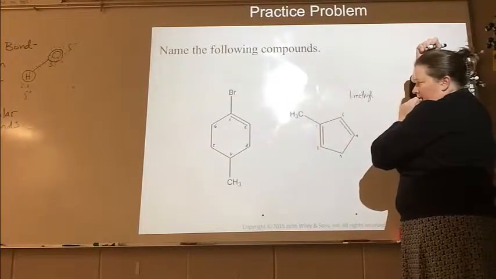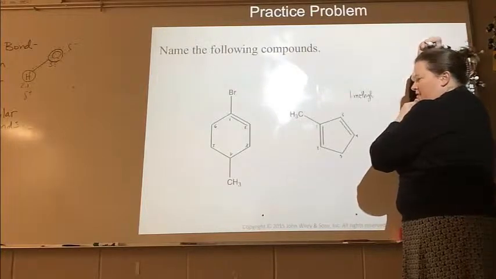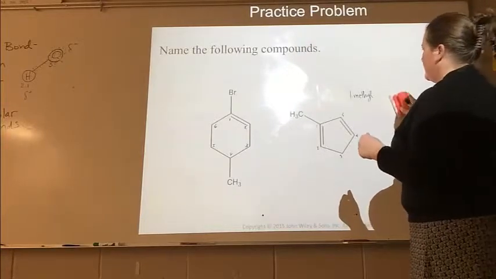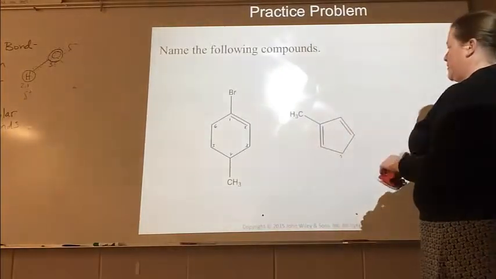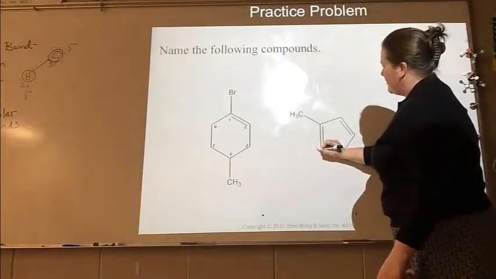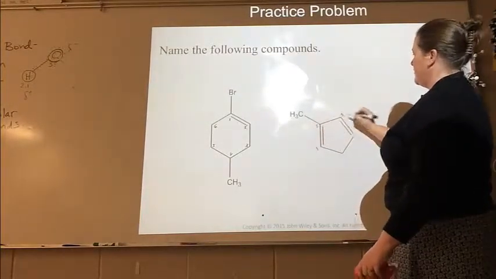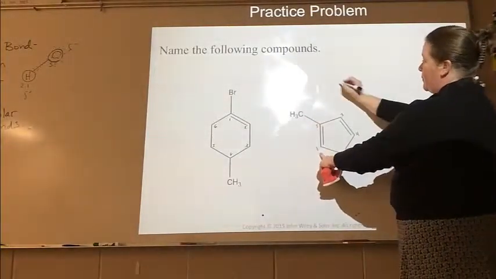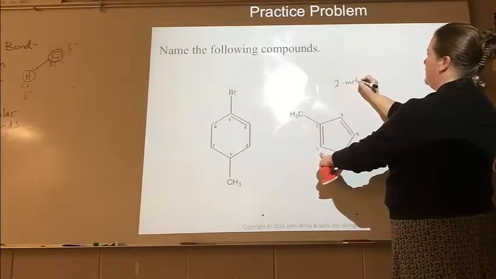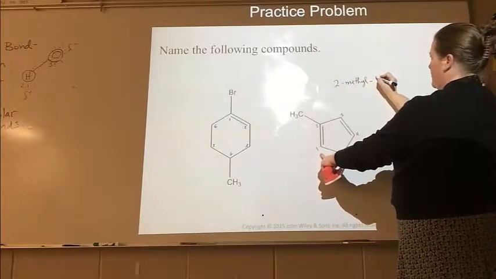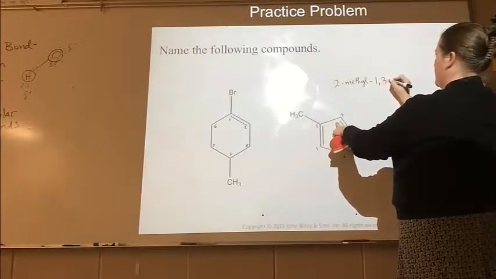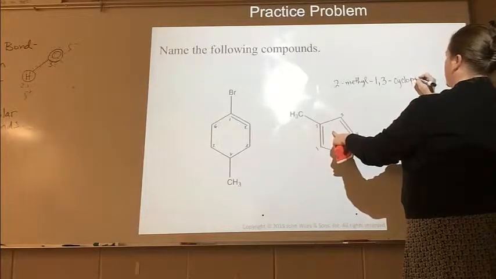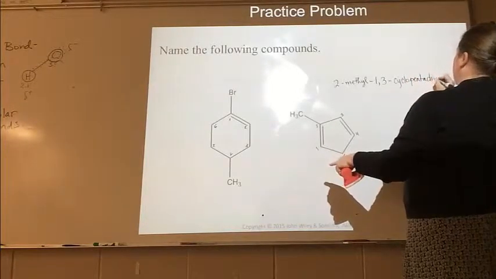Oh, I think the double bonds have to be lowest. This is so easy to mess up. Yes, the double bonds have to be lowest. Watch me, I'll probably mess it up again. So we're going to have 2 methyl, 1,3 cyclopentadiene.